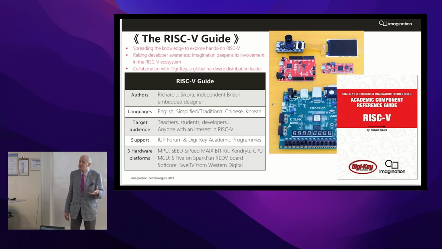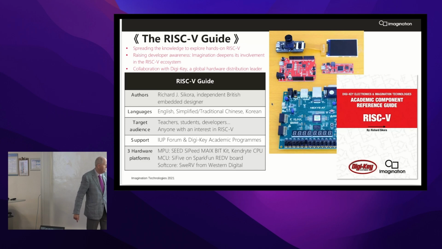If anyone asks you what RISC-V is all about, jointly with DigiKey we produced a guide to RISC-V, written by a guy who's been involved in embedded systems for many years. It's in 4 languages. We look at a little bit of the history, what makes RISC-V different, and we look at 3 implementations.